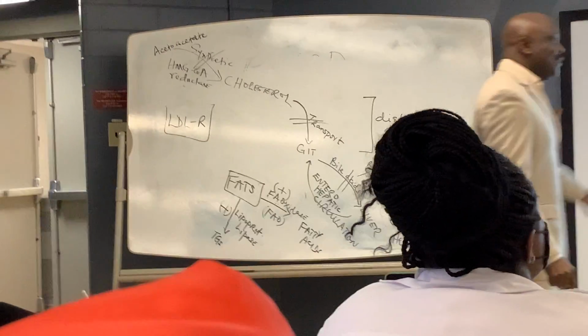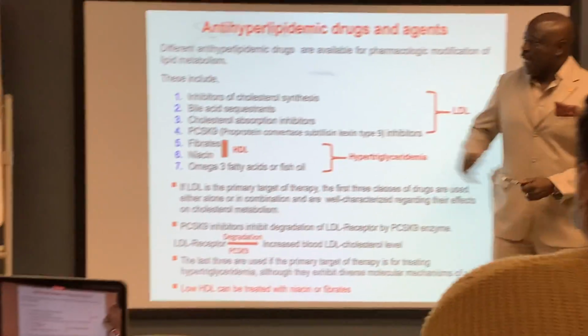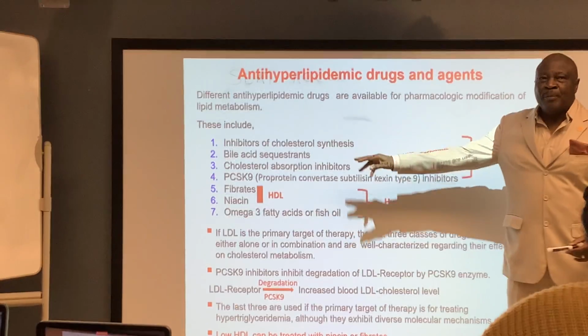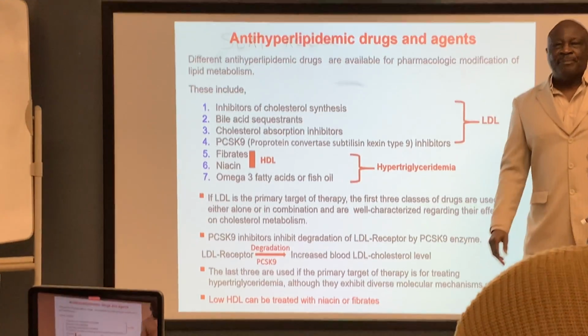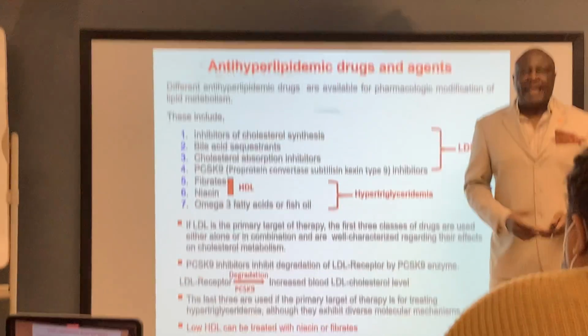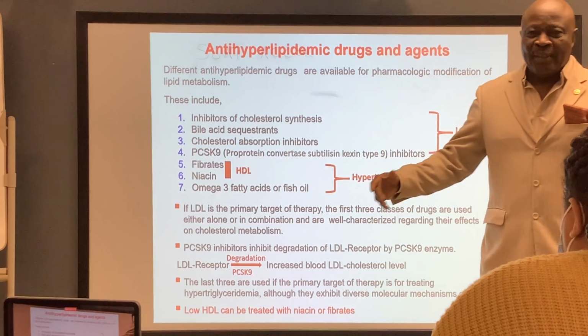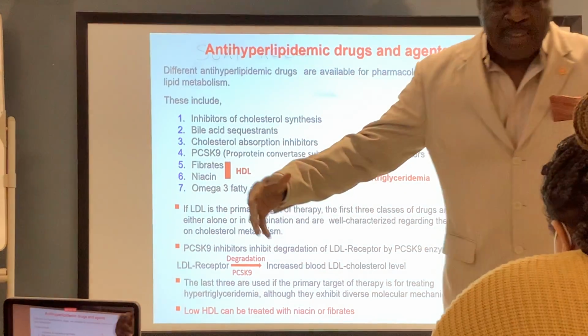So let's now go to these different classes. That's how you end up having one group that will be inhibitors of cholesterol synthesis. Another group will be sequestrants of bile acids. I mean, the sequester, you know what to do to children: take them away from their family, sequester them.